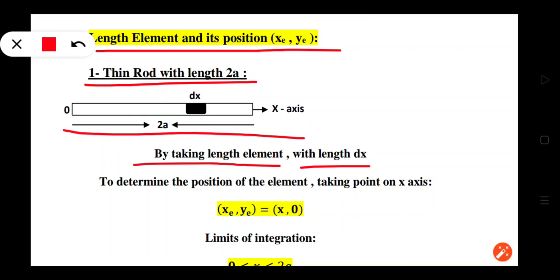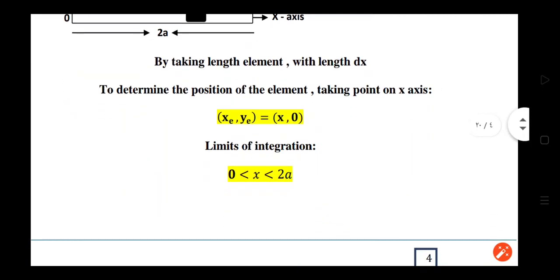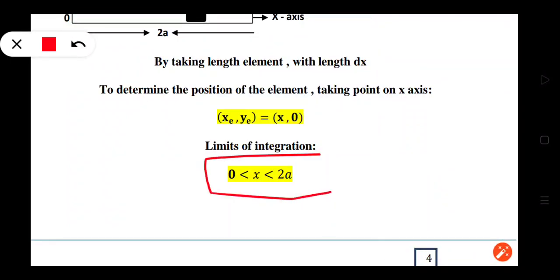To determine the position of the element, we take a point on the x-axis, meaning the coordinates are x_e, y_e equal x and 0. The limits of integration for a rod of length 2a are x between 0 and 2a.